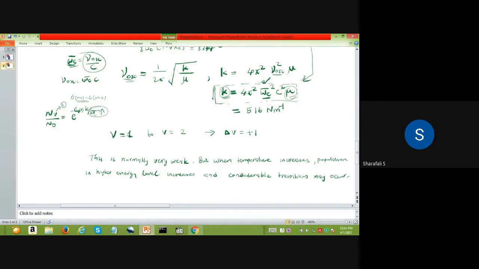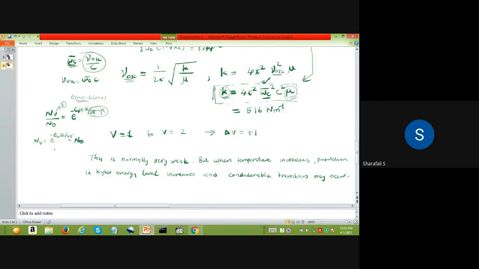When T increases, the quantity in that exponential term gets reduced, and you are taking the exponential of minus that smaller value, so you will get more population. NV will become the exponential of minus epsilon 0 by kT times N0.